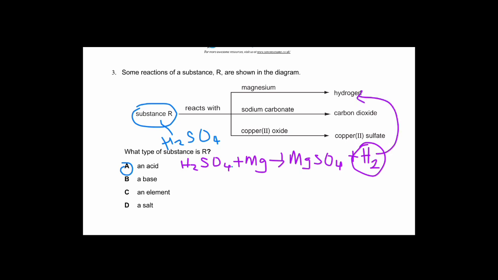Again, we come to sulfuric acid plus sodium carbonate. Sodium, being a metal, is going to react with a sulfate to form sodium sulfate plus we are going to have hydrogen reacting with oxygen to form another product which will be water.